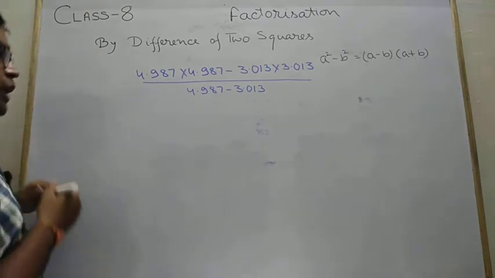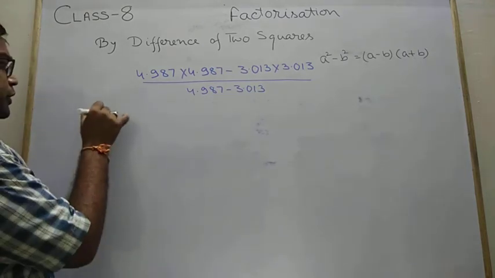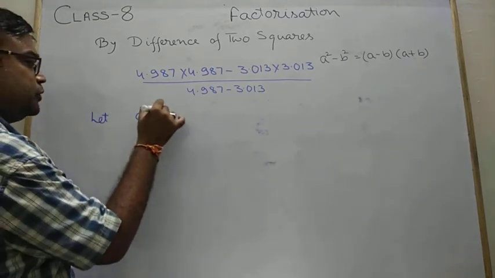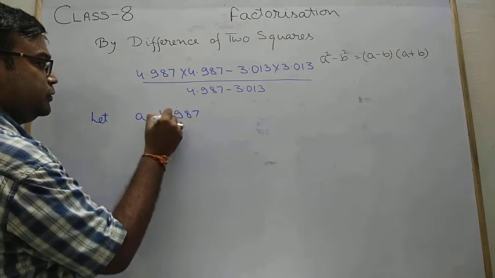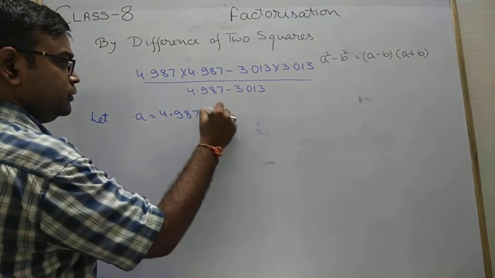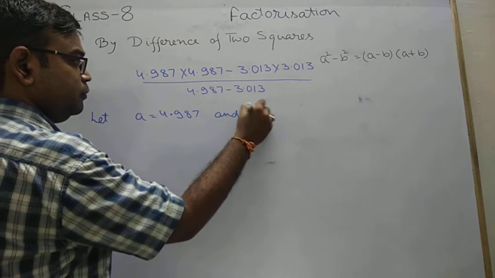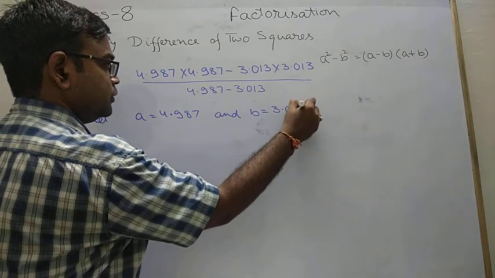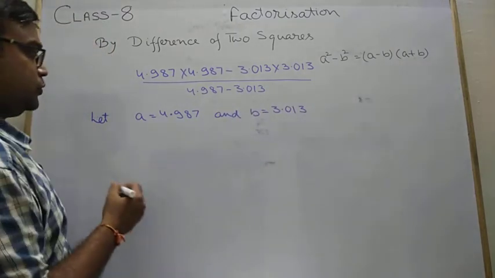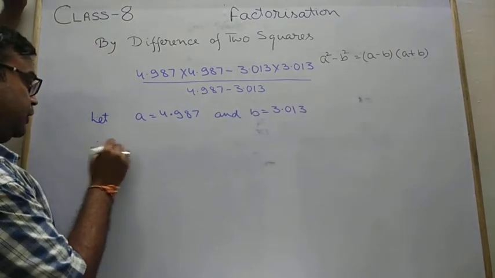So directly, let A equal 4.987 and B equal 3.013.